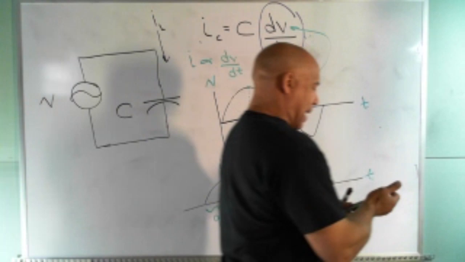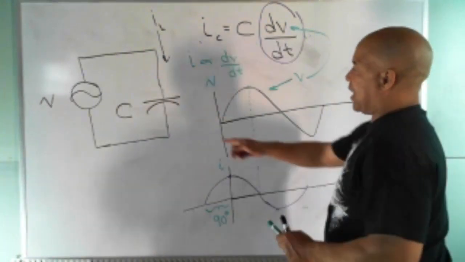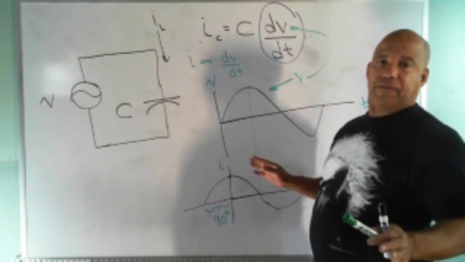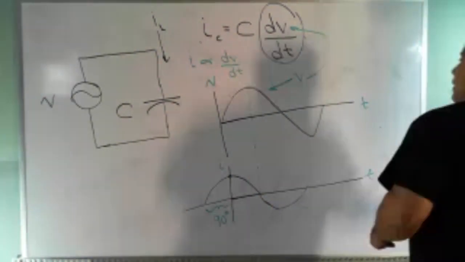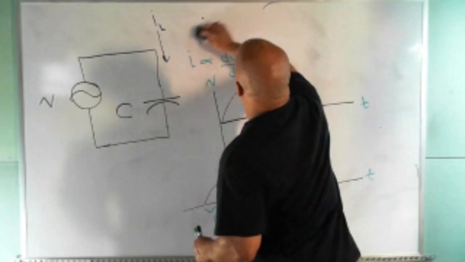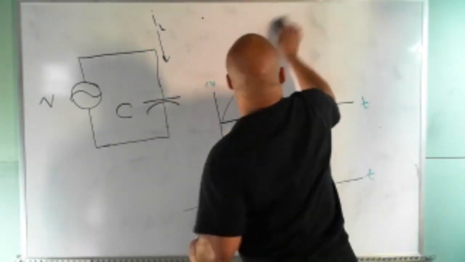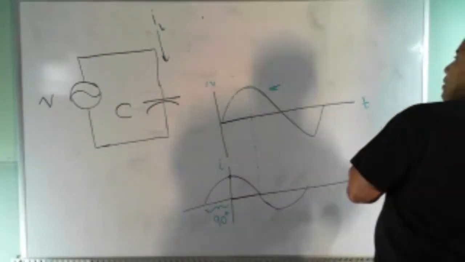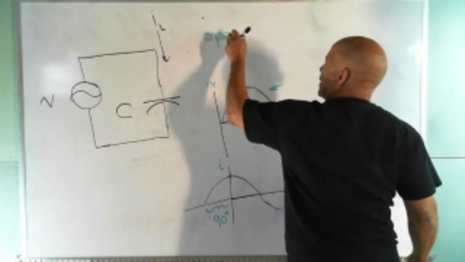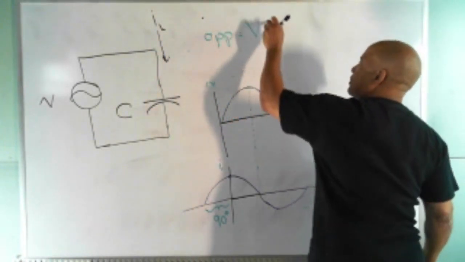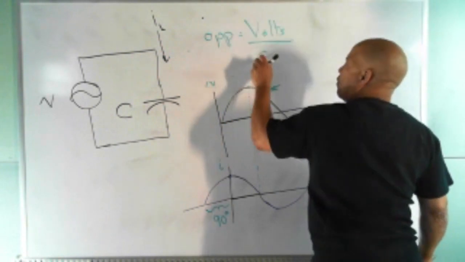So I'm going to find the opposition that this thing produces, which is not the billiard ball effect, it's not resistance. That opposition is going to look like this. We said opposition is going to equal the voltage over the current.